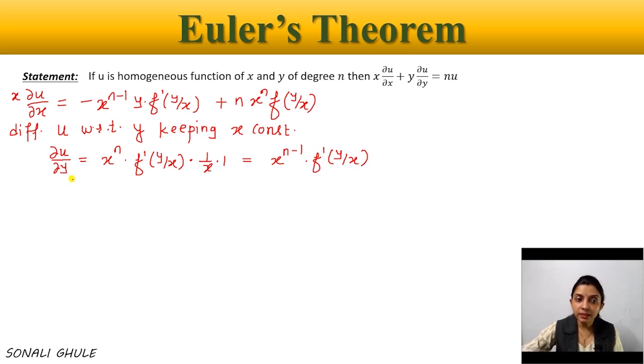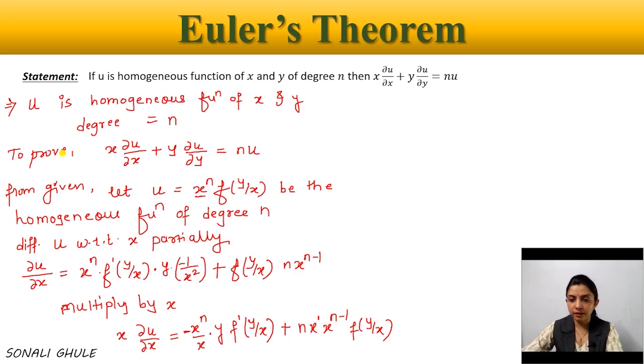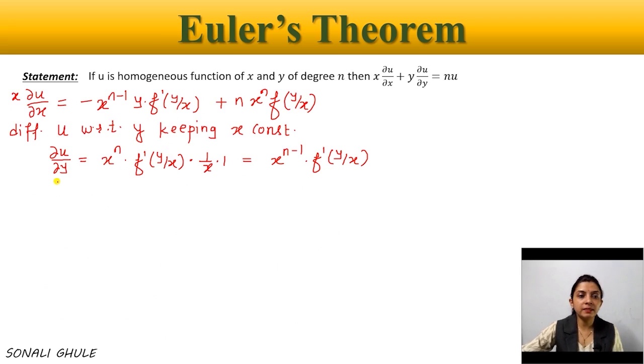Right. But dou u by dou y here, if we check the left hand side, it is multiplied by y. So I am going to multiply this term by y here as per the requirement. Okay. So I hope you all understood why we are multiplying this term by y.